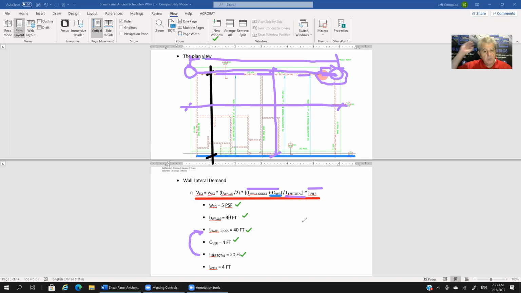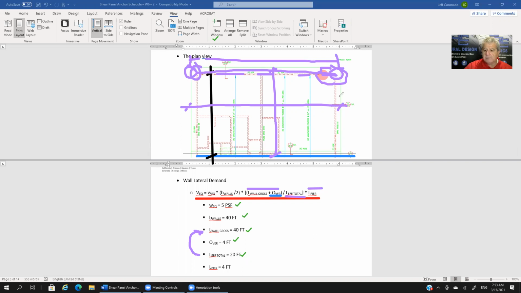Any openings, any windows, any doors would subtract from your L wall gross. Or remember, like we had in this case here, where there was a very short pier, so we were just ignoring that. Maybe the right word is that it doesn't meet the aspect ratios set out, and it depends on what governing code you have in the region that you operate. But that's why that one got neglected.